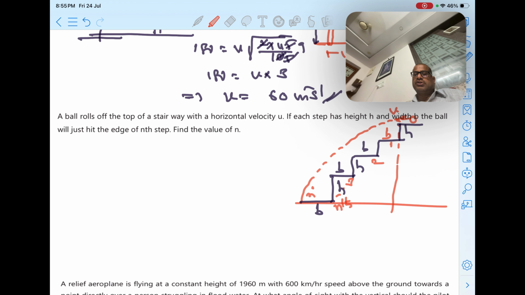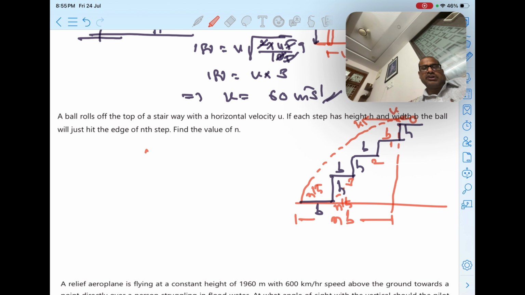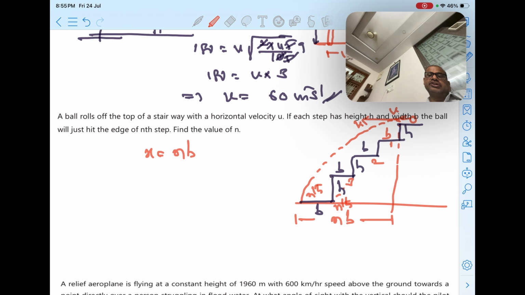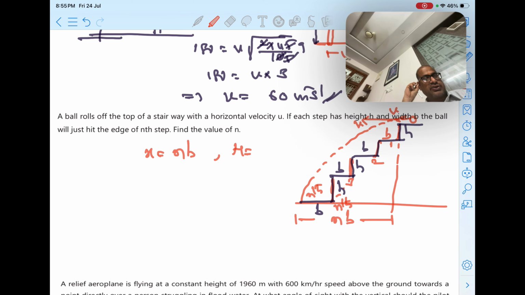And similarly the vertical height is n into h. So x is equal to n into b, and the vertical height will be total n into h. Every step, n means, right?